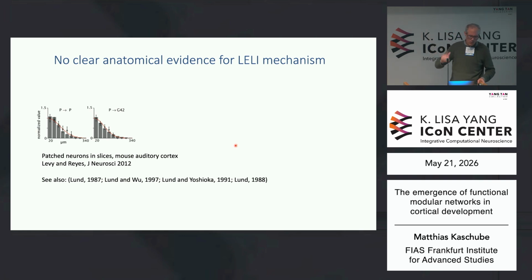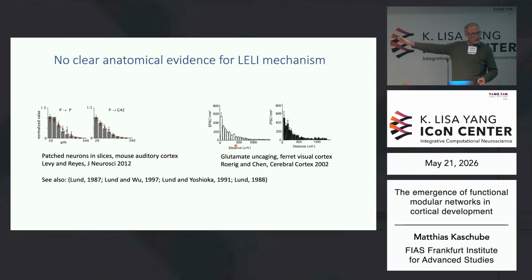You do this for excitatory cells, inhibitory, and so on, and then you can trace out the distance dependence of the lateral interactions. Here it looks like there's not really a difference between E to E and E to I. However, the caveat is this is in mouse auditory cortex, which is not known to produce modular activity. So it may not be surprising that you don't see any evidence here for that.